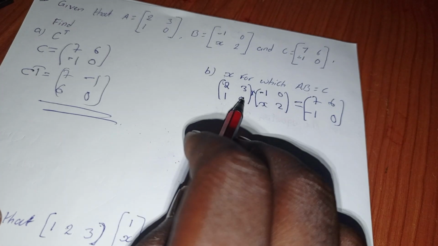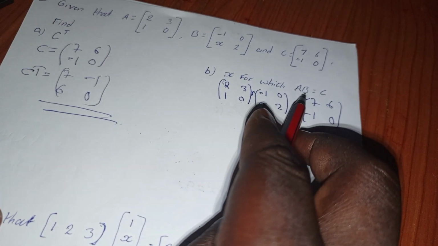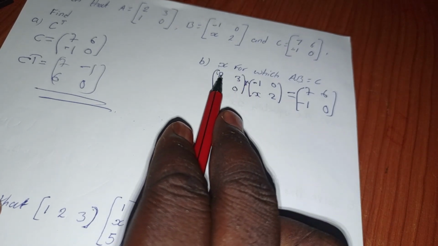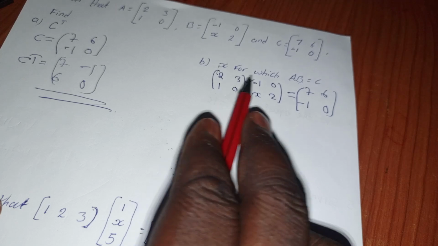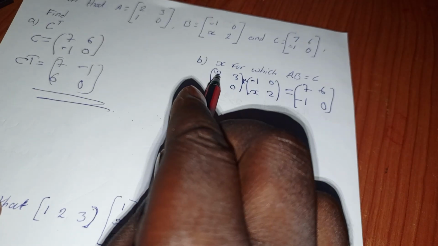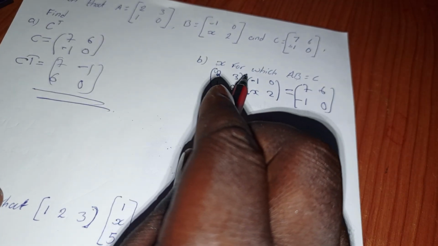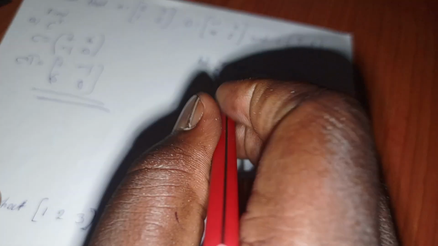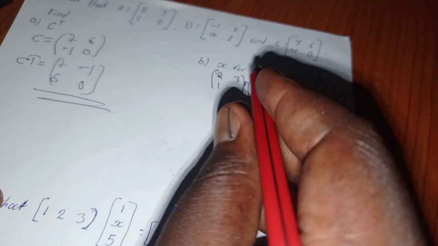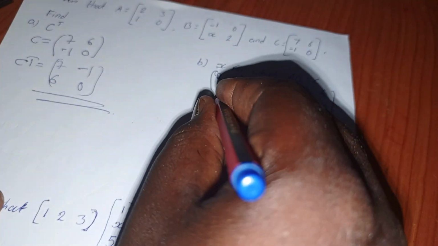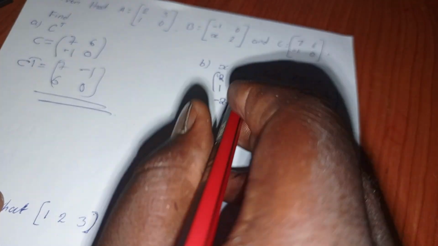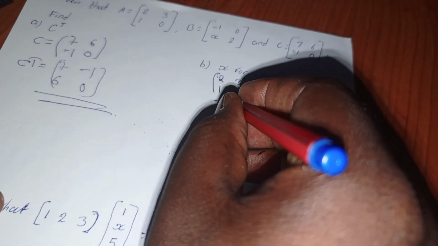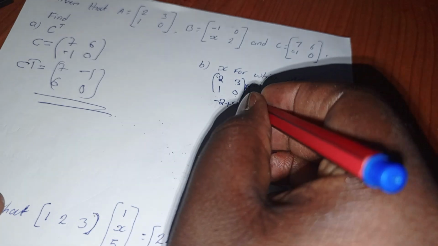Since AB means A times B, first I need to multiply A times B. So I need to multiply this matrix times this matrix. I'll start with row by column. So 2 times -1, which is -2, plus 3 times x, which is 3x.